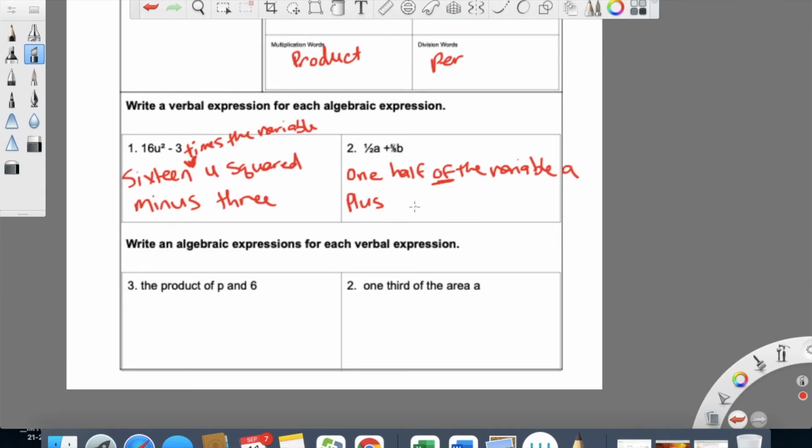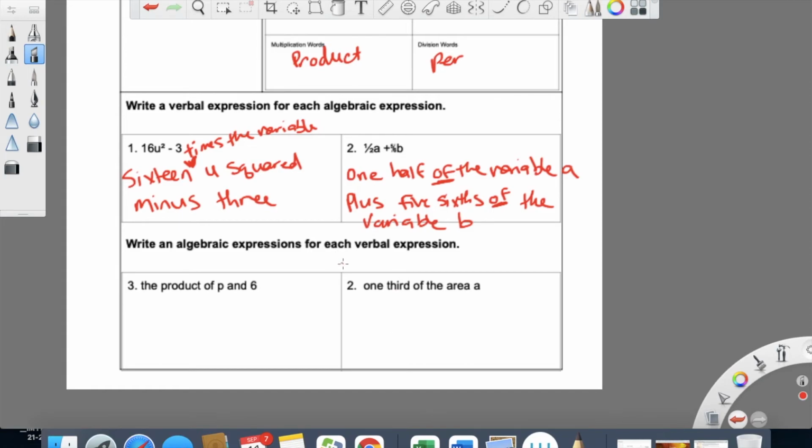So plus 5/6. So you want to make sure you put the THS on there, 5/6ths, so that we know that it's a fraction. So 5/6 of, again, this tells me I'm multiplying the variable b. So we have 1/2 of the variable a plus 5/6 of the variable b.